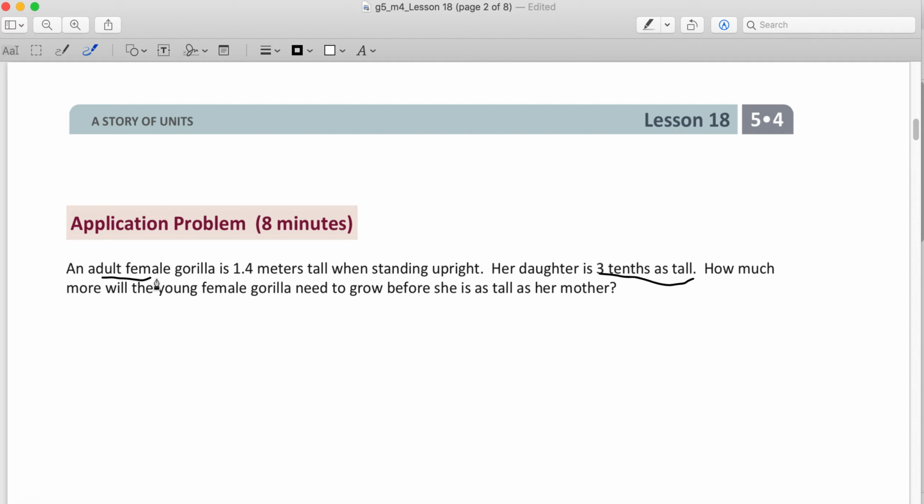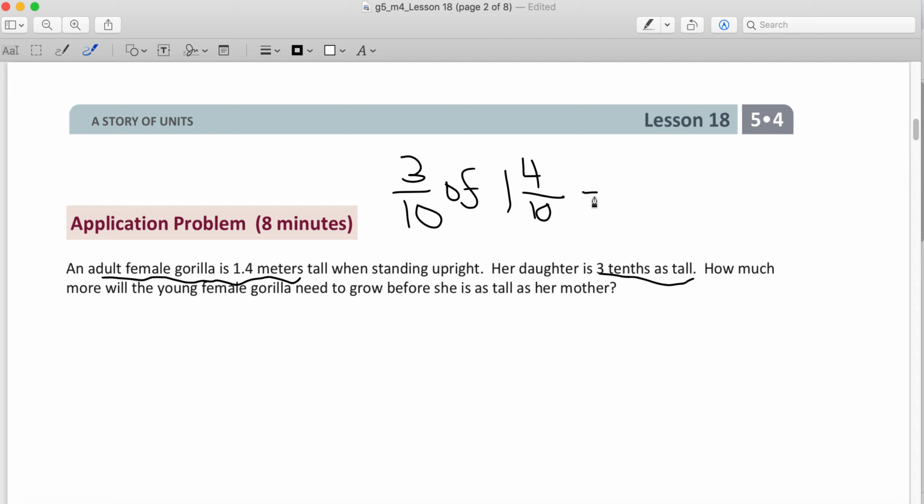The beginning sentence says that the adult is 1 4/10 meters tall. All right, so what are we going to do? We're going to take 3/10 of 1 4/10, and I hope that you're okay with me writing this the way it is right here.